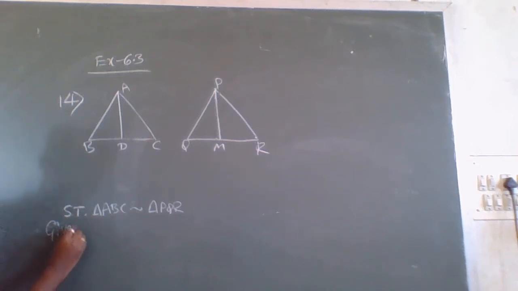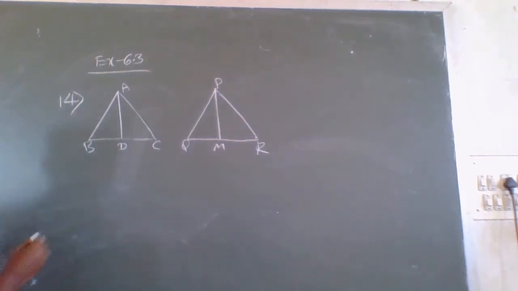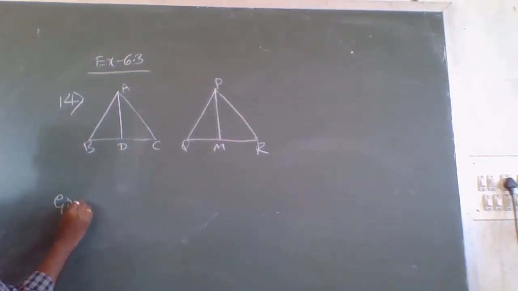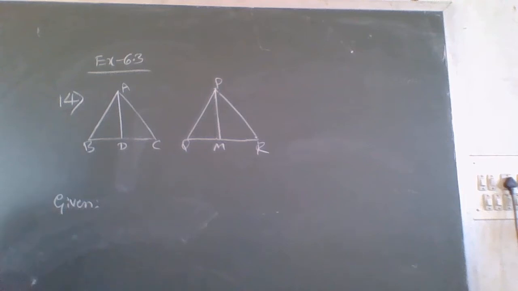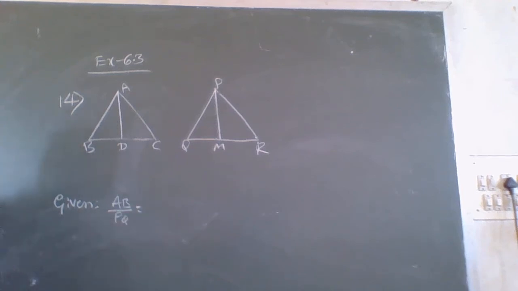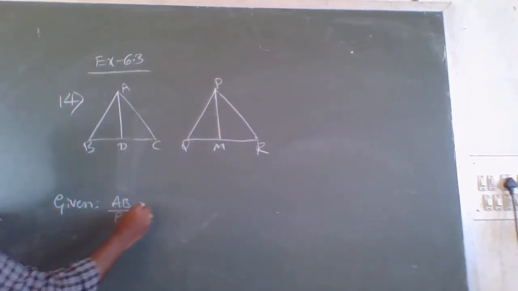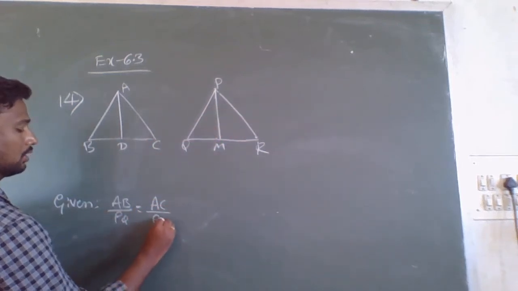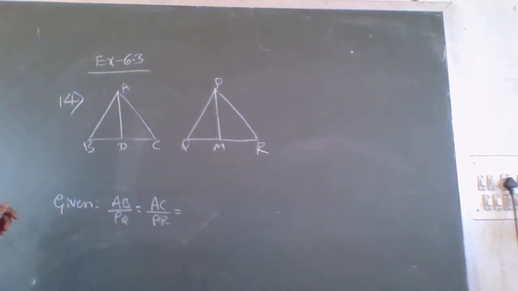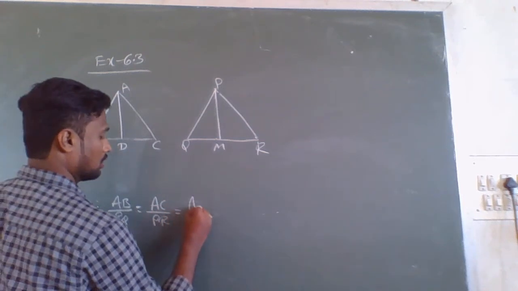Given: AB by PQ is equal to AC by PR, which is equal to the two medians AD by PM.